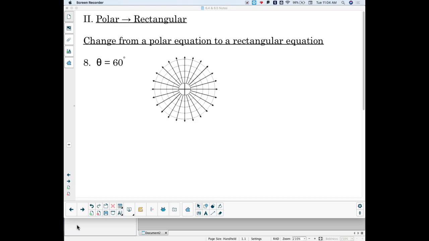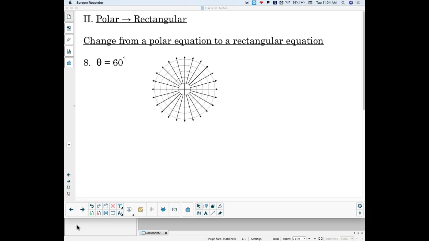Okay? So if I were to graph the equation theta equals 60 degrees, what would it look like on a polar graph? Polar graph, what would that one look like?